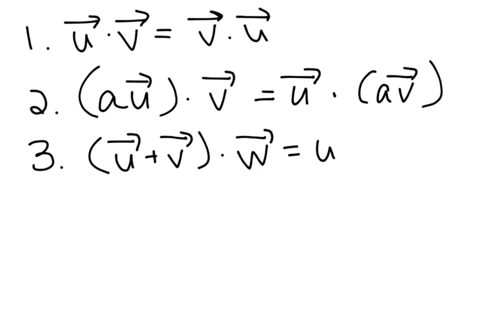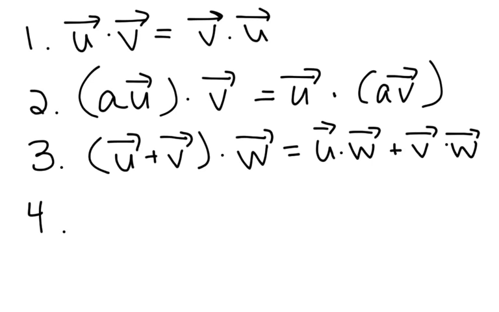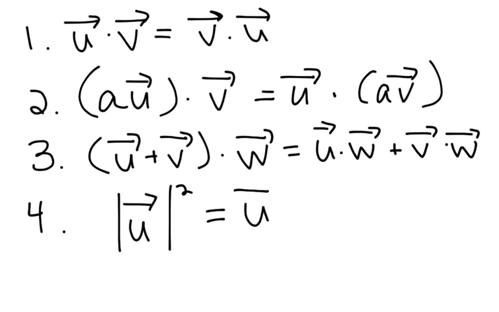This is my distributive property, sorry. If you square the magnitude of a vector, it is the same as doing the dot product of a vector with itself.